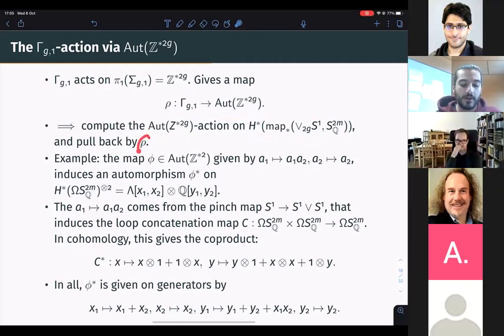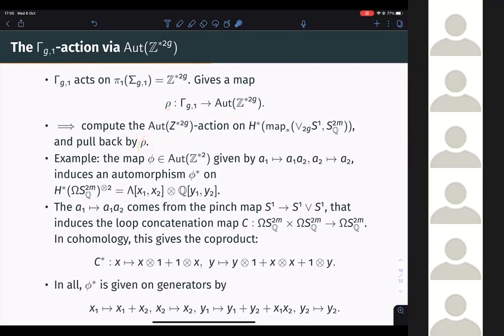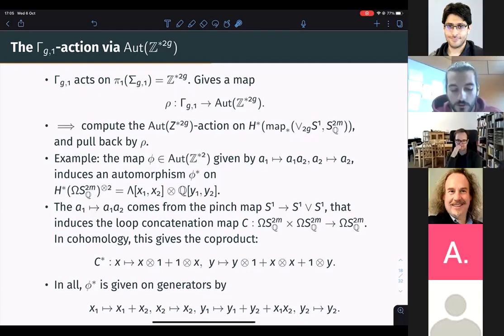And then this pulls back via rho. We'll not think about Out(F_2g) too much other than this slide, but I think it's clear where the action comes from, just because pi zero of automorphisms of the wedge of circles is Out(F_2g).